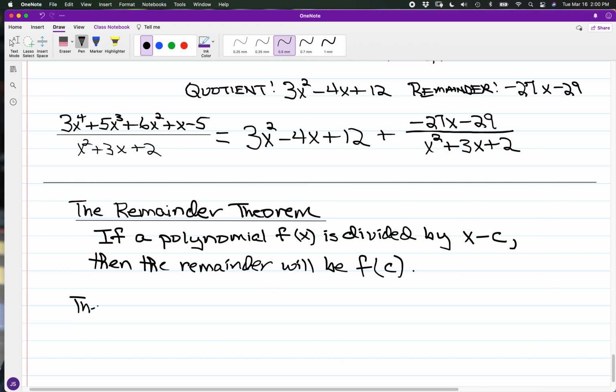And akin to this, and this is going to be sort of binary, is what is referred to as the factor theorem.